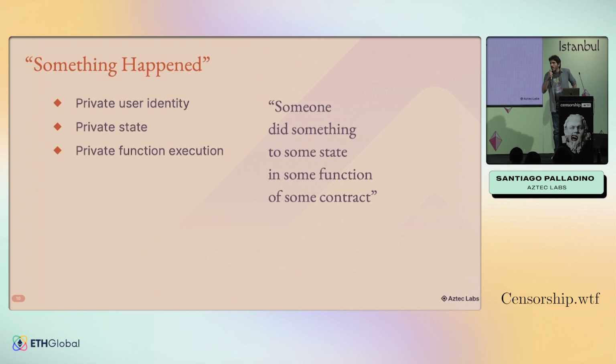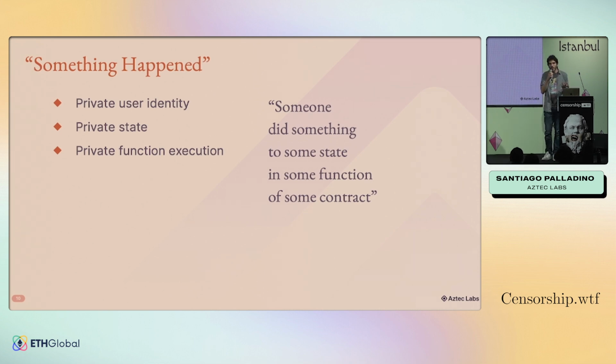So, what is privacy for us in the context of the Aztec network? For setting context, Aztec network is a private-first L2 that works on Ethereum. That's fully programmable. That's all you need to know. So we're seeing it as a private user identity, private function execution, operating on private state.